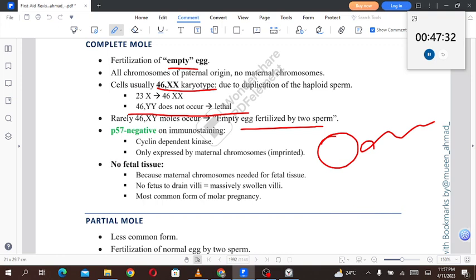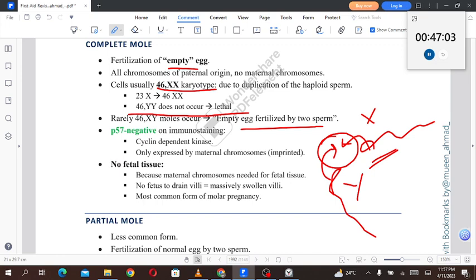In the first condition, the genome of the sperm was duplicated; in the other, two sperms simultaneously fertilize the empty egg and the genomic material of both sperms is together inside the cell. That can give us 46XY, as one sperm may contain X and the other Y. So the 46XY picture is possible only if an empty egg is fertilized by two sperms.